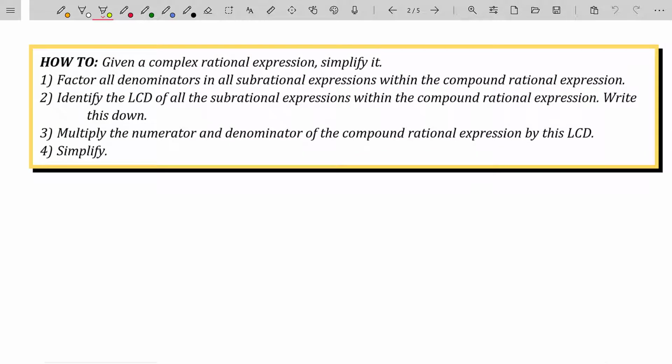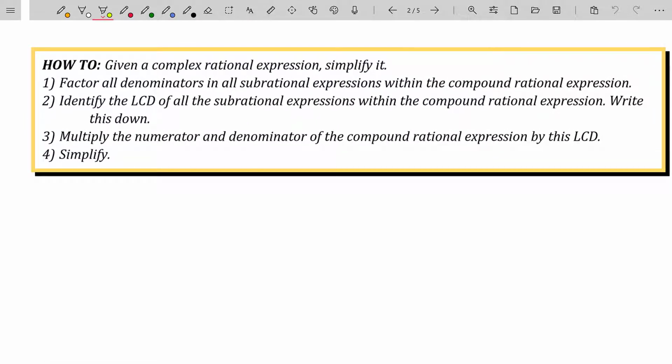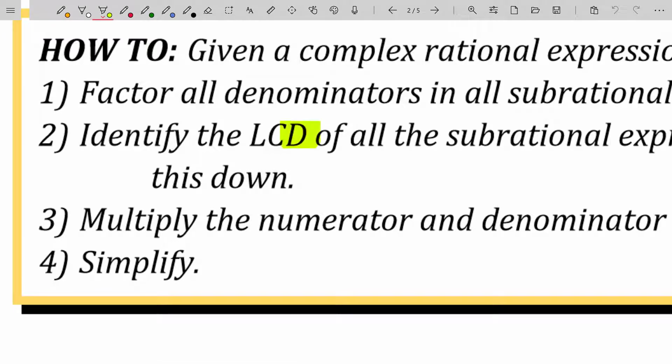Somebody gives you a complex or a compound rational expression and you're asked to simplify. The first thing you do is factor all denominators. That means go through all the sub-rational expressions and factor all of their denominators, because that helps you identify the LCD, which we're going to need in a moment. Step 2, identify the LCD. That's the thing I was just mentioning.